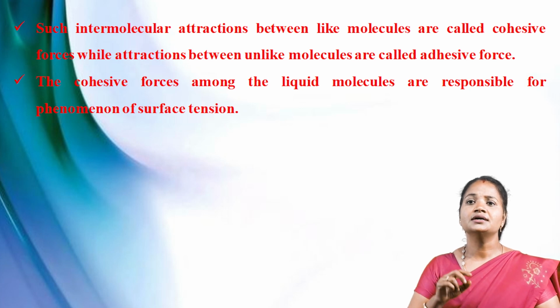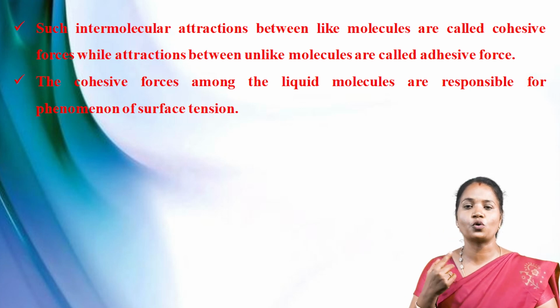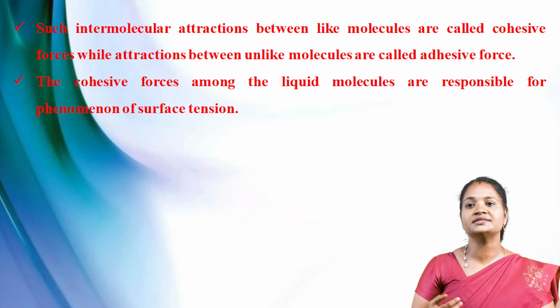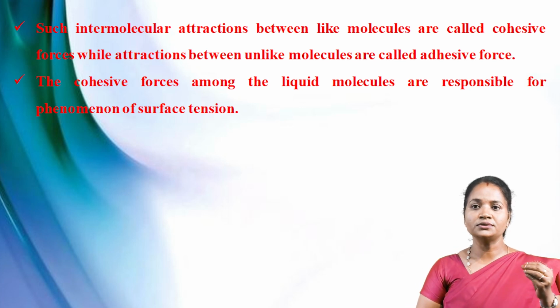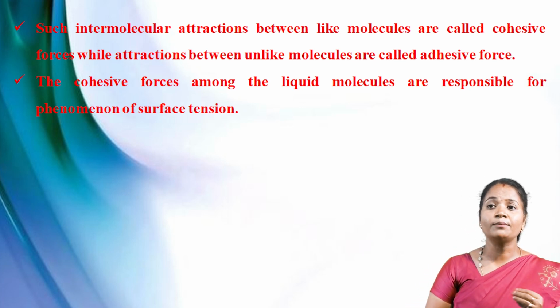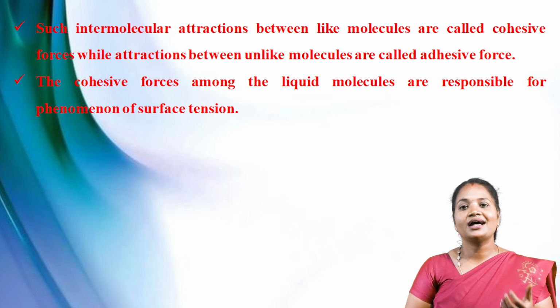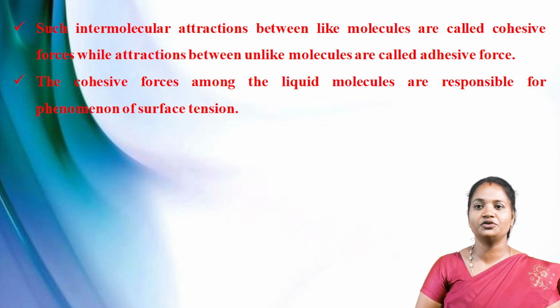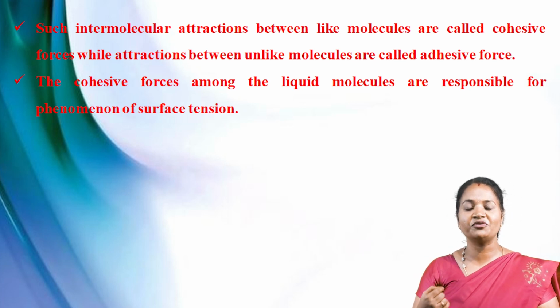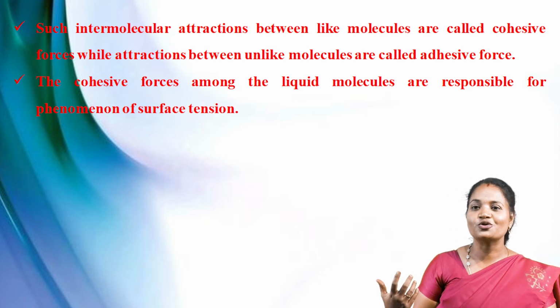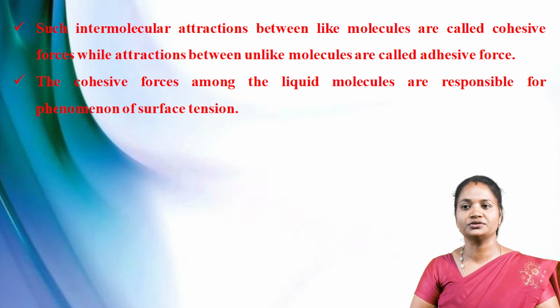So there are two types of forces. One is the cohesive force, and the second is the adhesive force. The force that exists between like molecules, as I already told, is the cohesive force, and the force that exists between unlike molecules is the adhesive force.